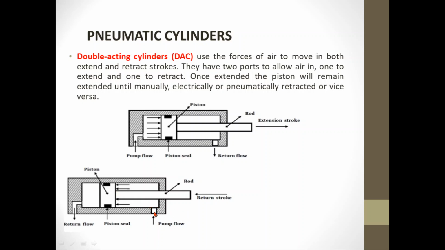So the air must be allowed to flow into the other direction. This will push the piston rod in its reverse direction, thereby allowing the double acting cylinder to be in its retracted position.